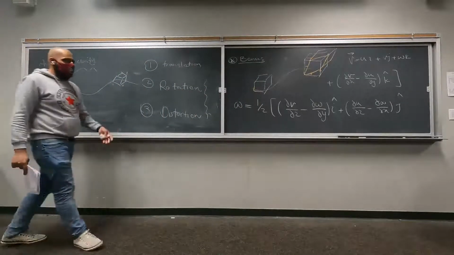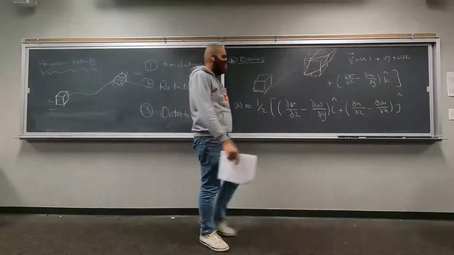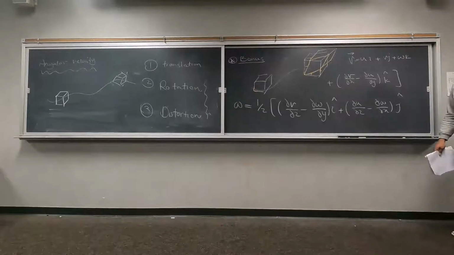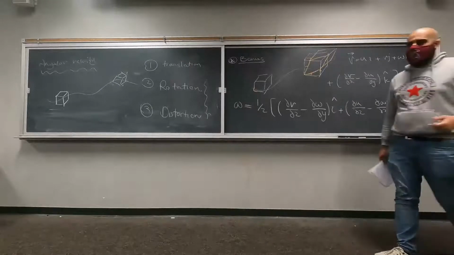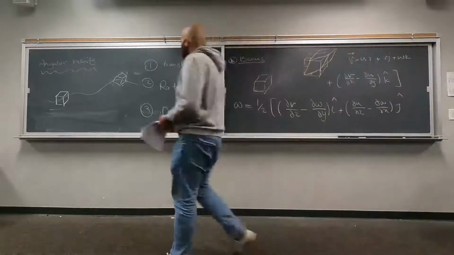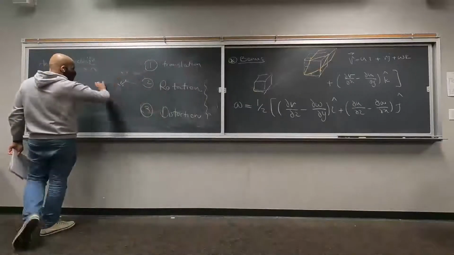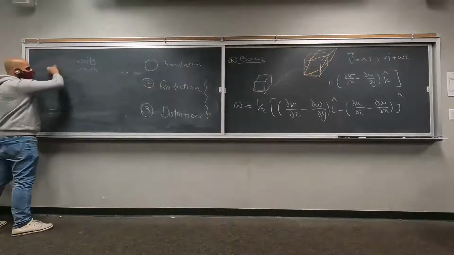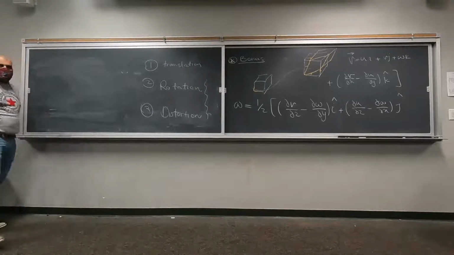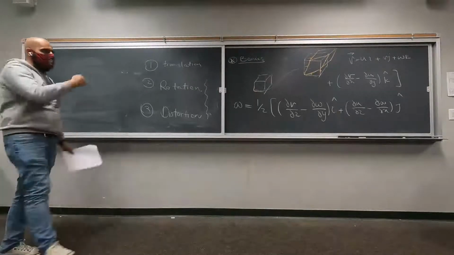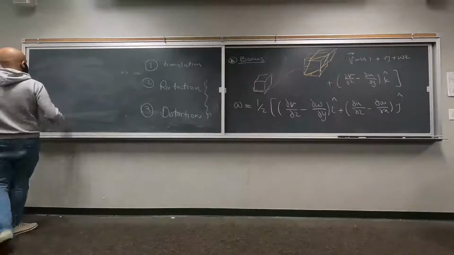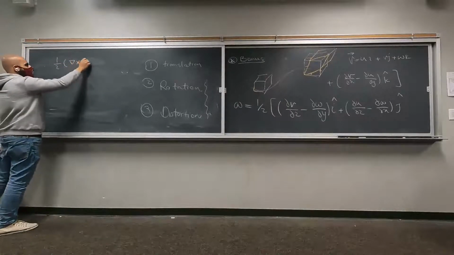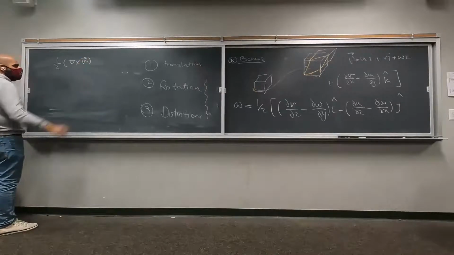So angular velocity omega, we can calculate it using this equation. What does this equation remind you of? This format of equation, what does this remind you of? If you look closely, this equation is actually 1/2 of curl of the velocity vector.